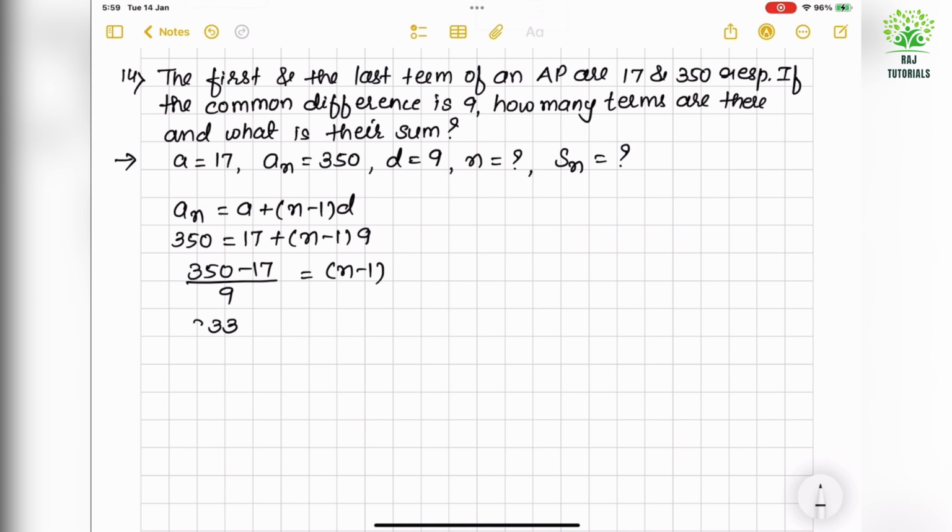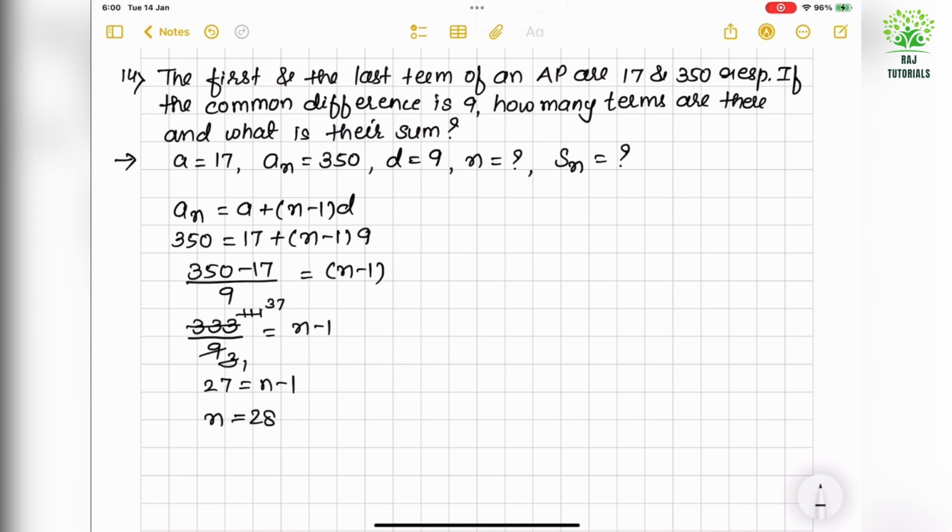So if I cut with 9, or if I cut with 3, so 3 threes are 9, 111 upon 3, 37. So 37 equal to n minus 1. So n equal to 28. So my terms are 28.